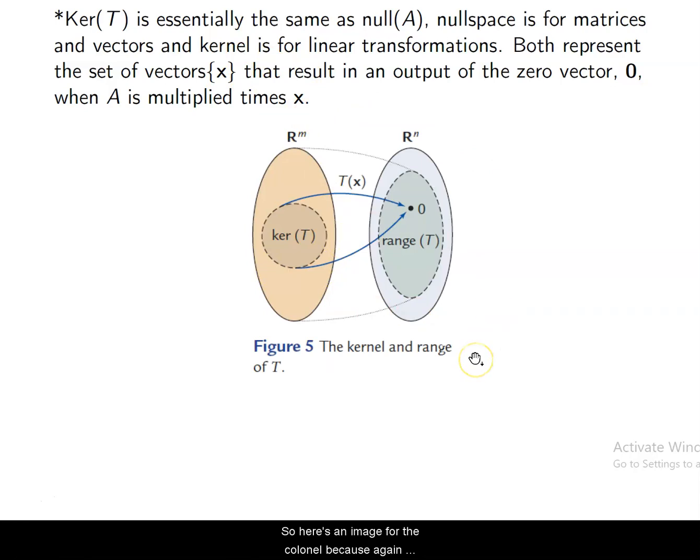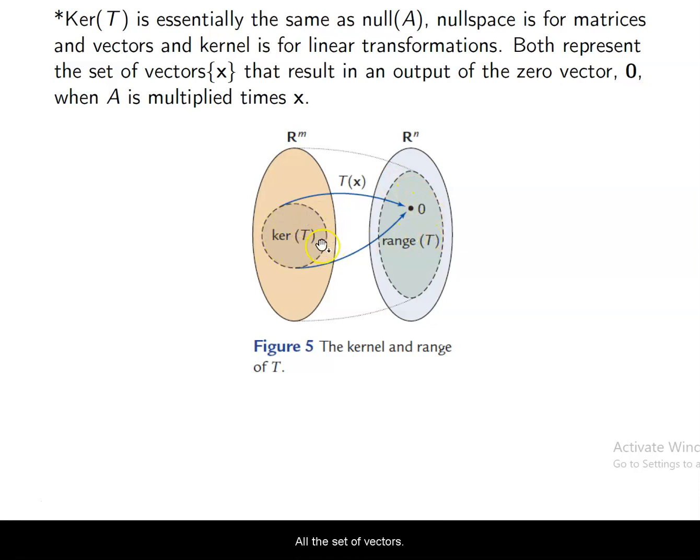So here's an image for the kernel, because again, kernel represents more of transformations, which we consider as functions. So here is your domain, Rm. This is where you're coming from. This is where you're going to. This is your range. Your transformation takes things from your domain and sends them to your range, okay?